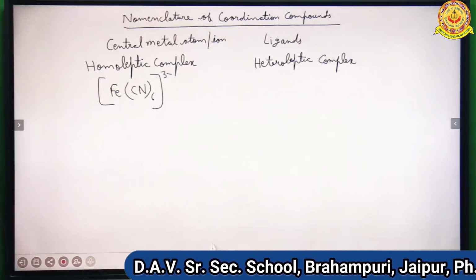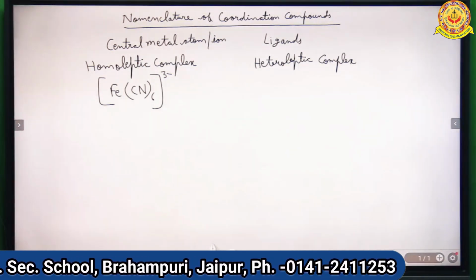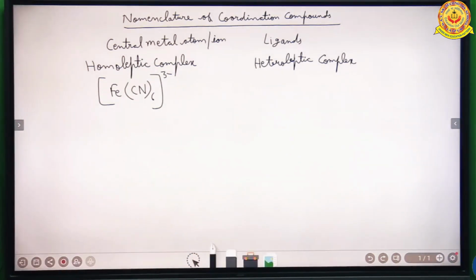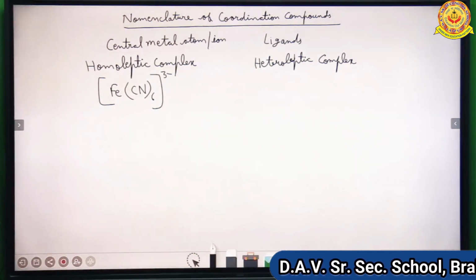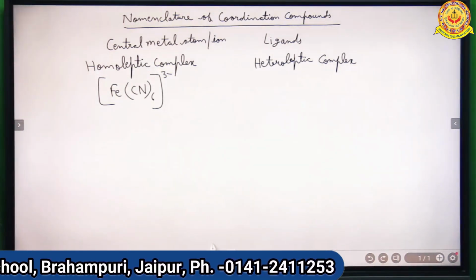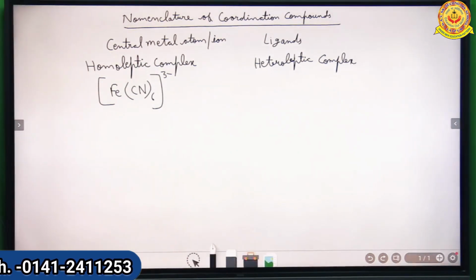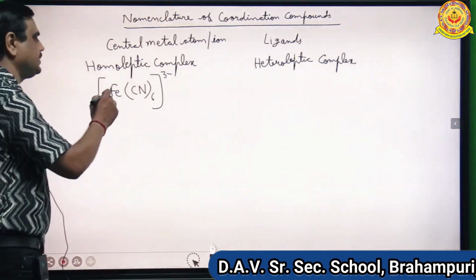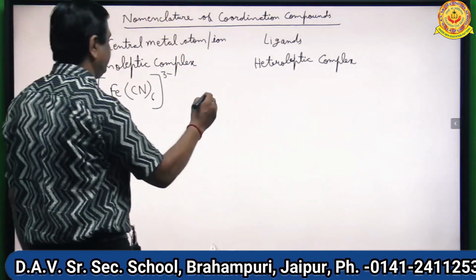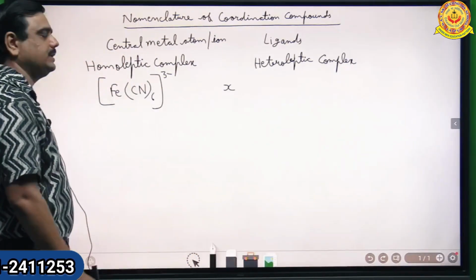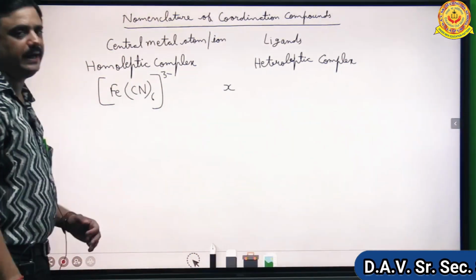Here CN means cyanide, and in case of complexes or coordination compounds we call it cyano. This cyano has -1 charge and 6 cyano ions are there, so overall charge is -6. So what will be the oxidation number of iron here? First we calculate that. Let the oxidation number of iron be X.